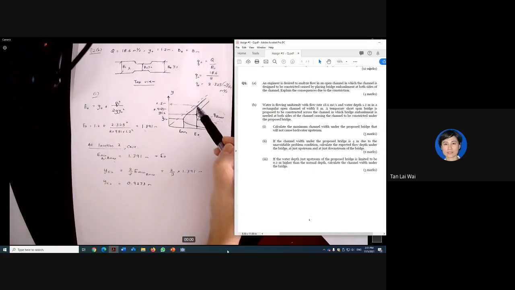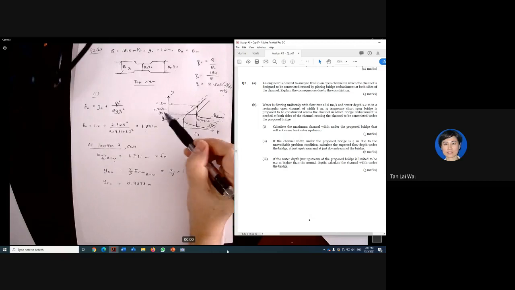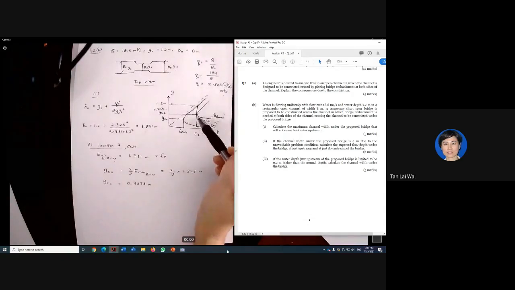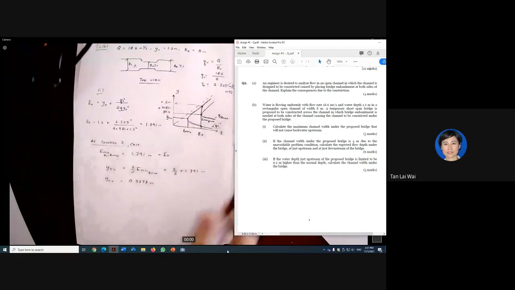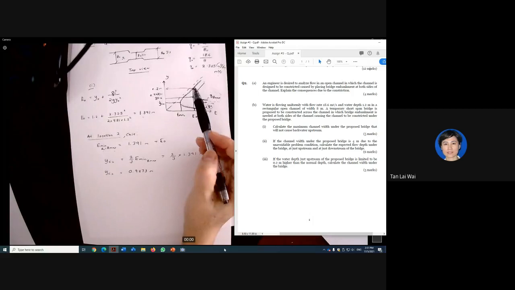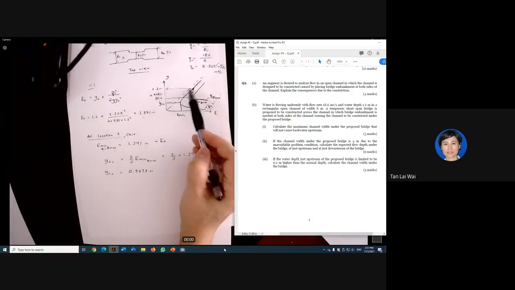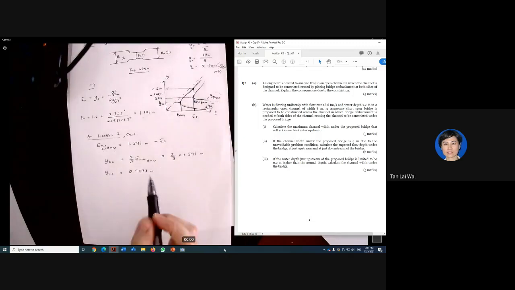But I'm still not sure because this Y1 falls on this curve while this one falls on this curve, because it's on a different Q or different B. I'm not sure whether this is sub or super, but I believe this should be subcritical, because it's greater. But it's fine, we can check later as well.